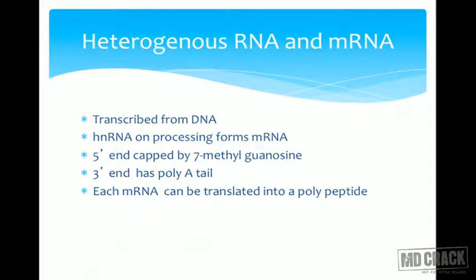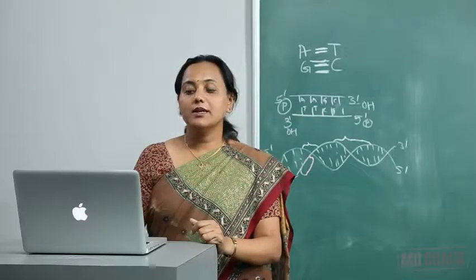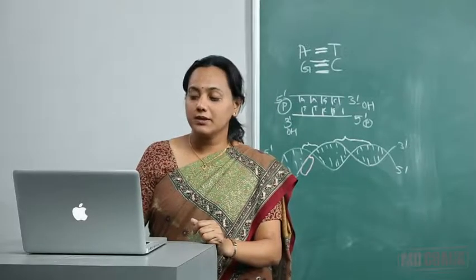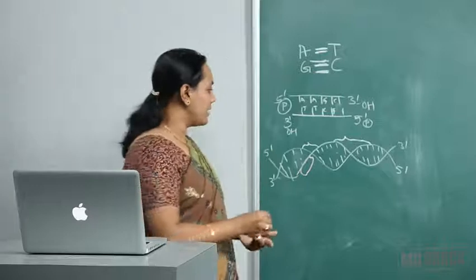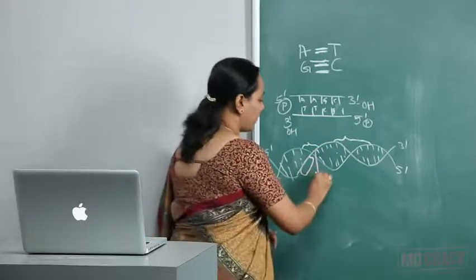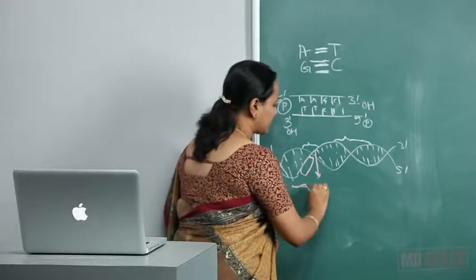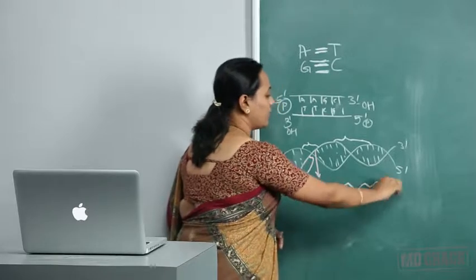So let us look at hnRNA or heterogeneous RNA and mRNA. I'm just giving a very brief overview about this. I'll talk more about this when I'm talking about transcription. So hnRNA is transcribed from the DNA. When the DNA undergoes transcription, it forms a long single-stranded RNA molecule.